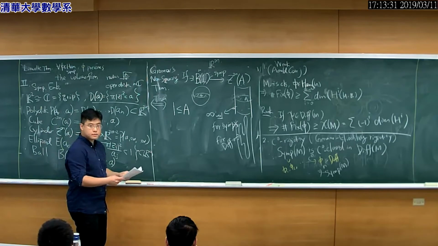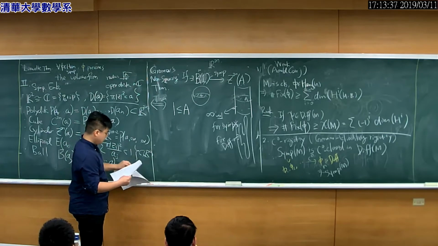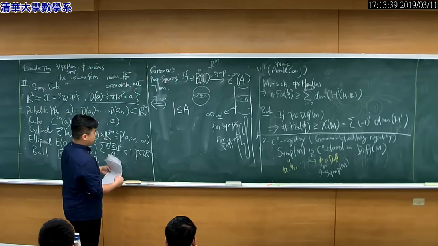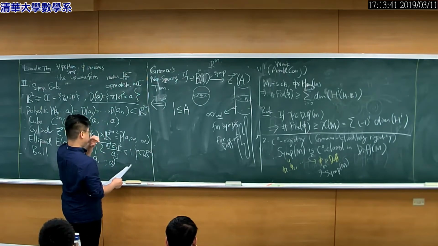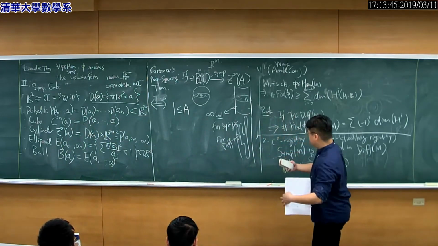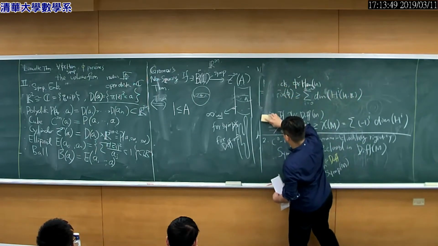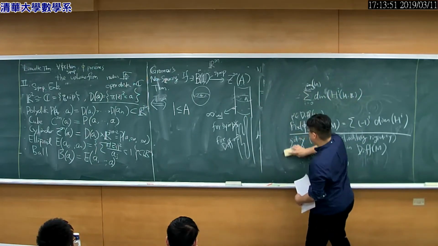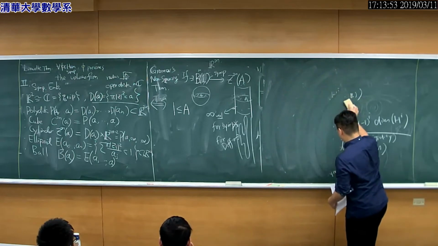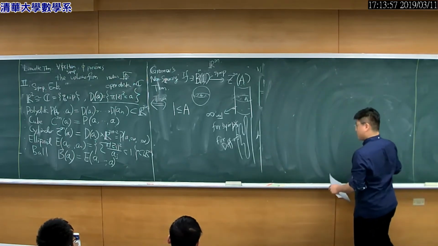So before we go through other embedding problems, I can just make a quick sketch of the proof, and it's also an advertisement of a technique called the microlocal approach.